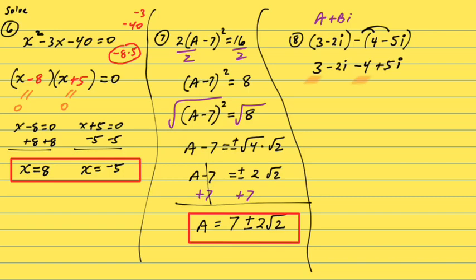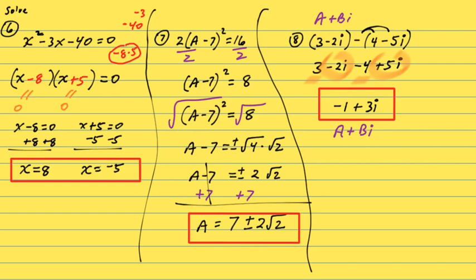Combining like terms, 3 and negative 4 combine to give me negative 1, whereas negative 2i and positive 5i combine to give me a positive 3i. Please note that I wrote my answer in the form a, which is a real number, plus or minus bi. That's called standard form for a complex number.